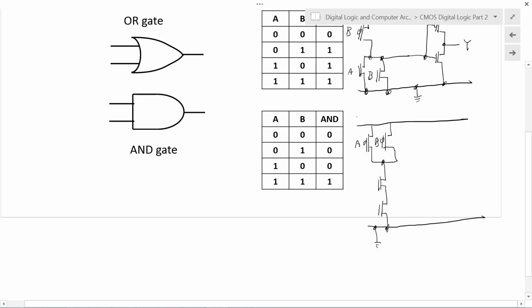Let's draw our ground symbol, label this VDD. A input, B input, again for our NAND gate. And then we pass this to an inverter here, like so.